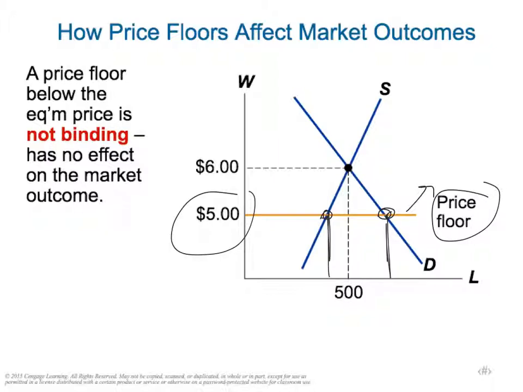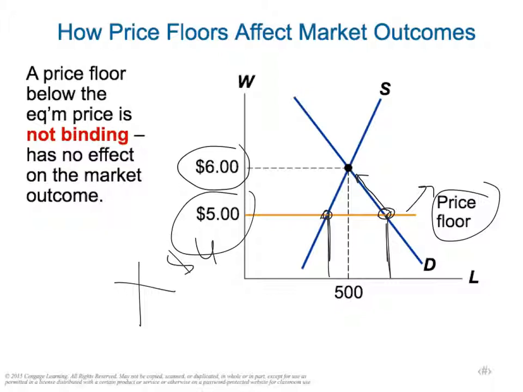Because of this reason, the price is going to adjust to its equilibrium level in order to fill the empty spots. The firms are going to agree to pay $6, and $6 is a legal price, because you cannot pay $4. It's not possible if you have a $5 minimum wage, but you can pay $6 because it's above the price floor.